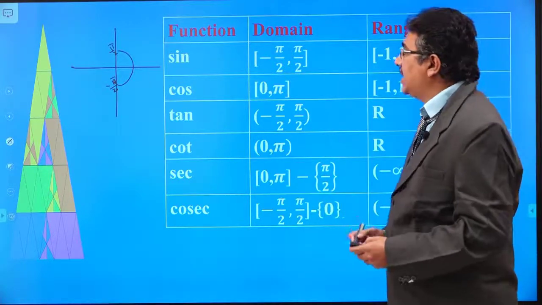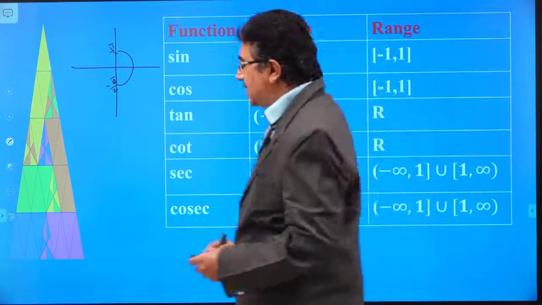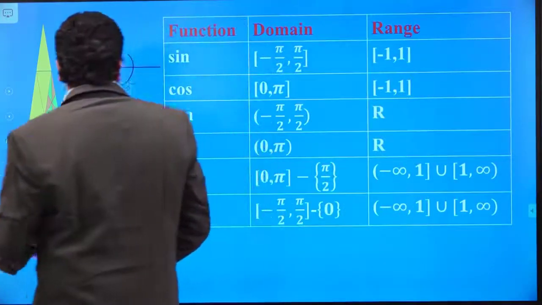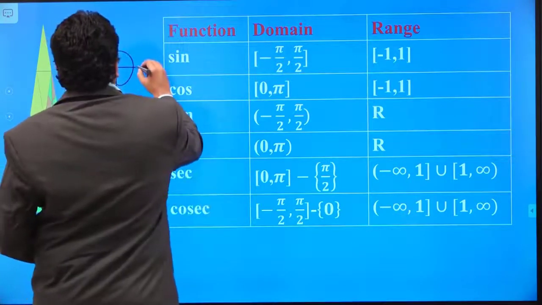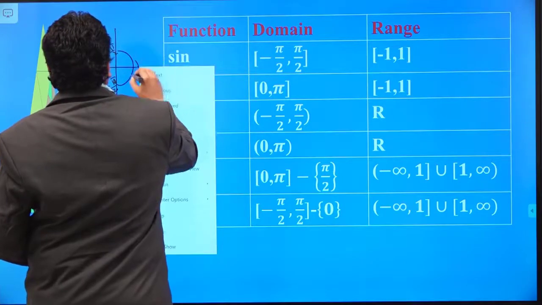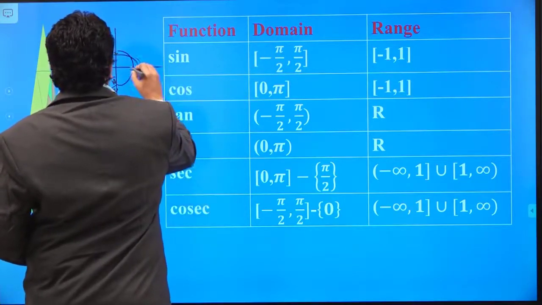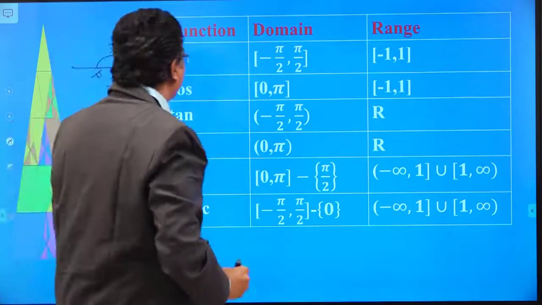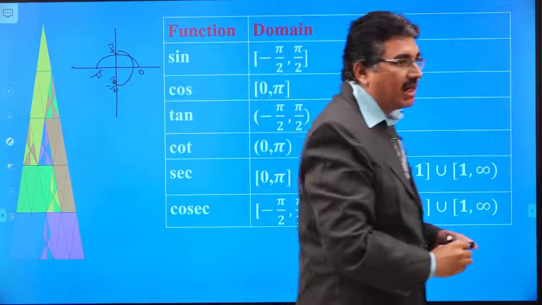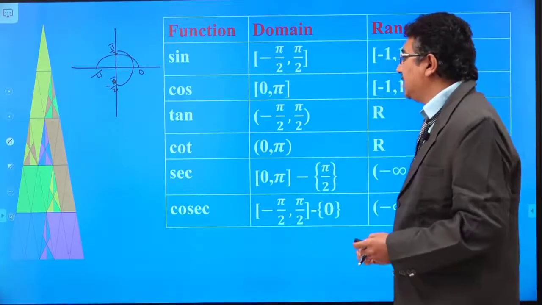Similarly, the domain of cos, cot and secant are the same, that is the closed interval 0 comma pi. Right. So, cot is not defined at x equal to 0 and pi.